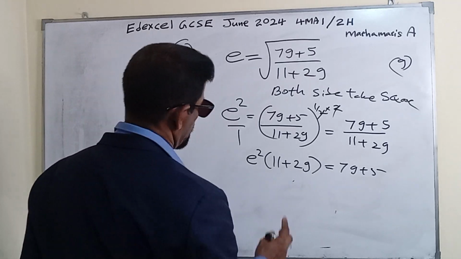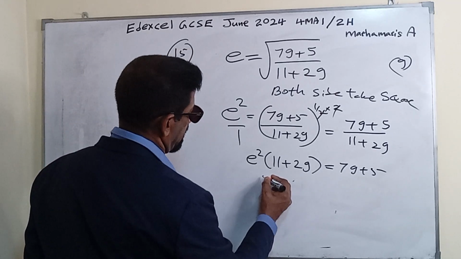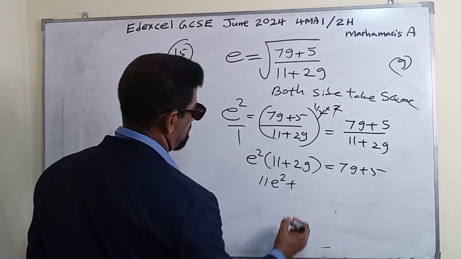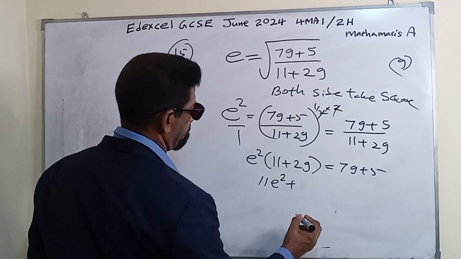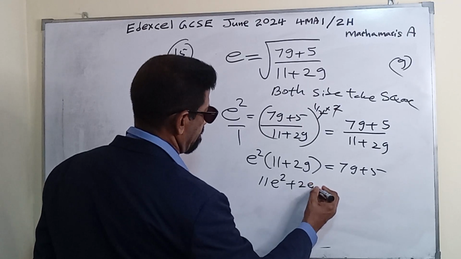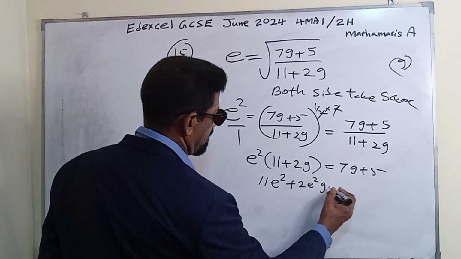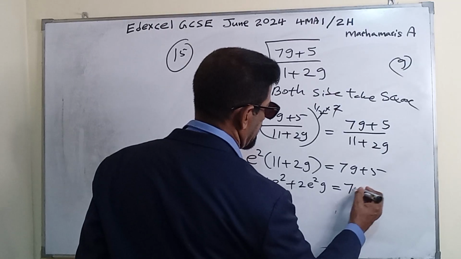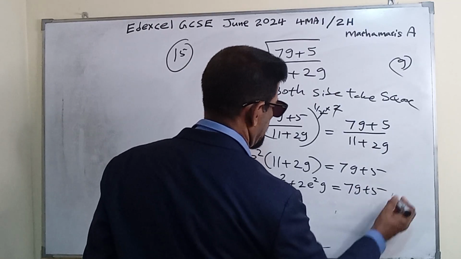Open brackets 11e to the power of 2 plus 2e squared g equals 7g plus 5.